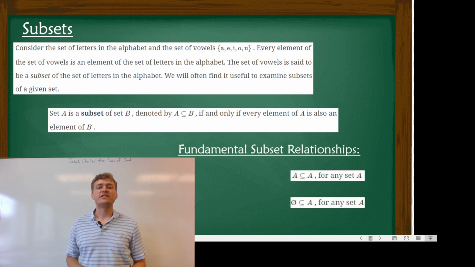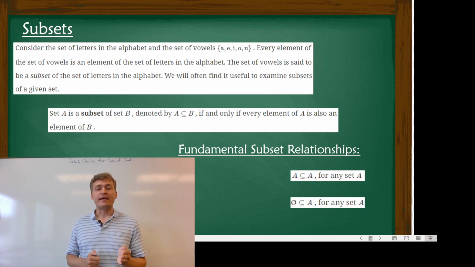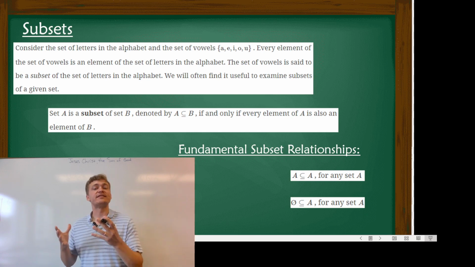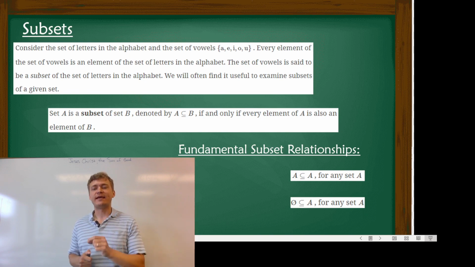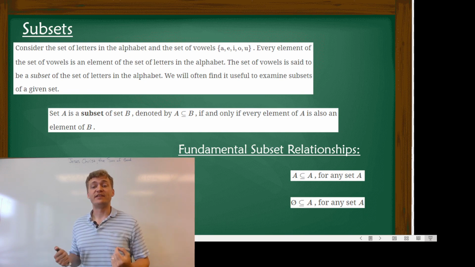The fundamental subset relationships. Here's something interesting: A is a subset of A. In other words, any set is a subset of itself, because by definition, every element within a set is an element within itself.